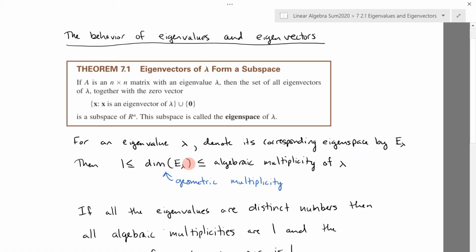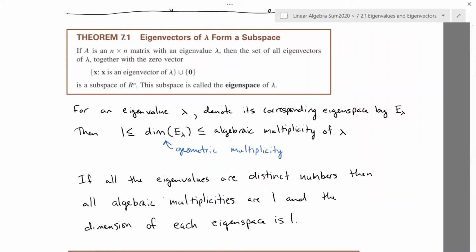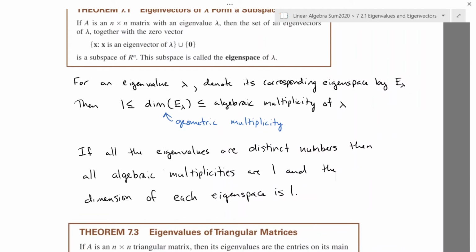So you have this restriction on what the dimension of each eigenspace can be, and the dimension of the eigenspace itself is called the geometric multiplicity. So you're basically comparing the geometric multiplicity to the algebraic multiplicity. If all eigenvalues are distinct, then all the algebraic multiplicities have to be 1, and the only thing between 1 and 1 is the number 1.